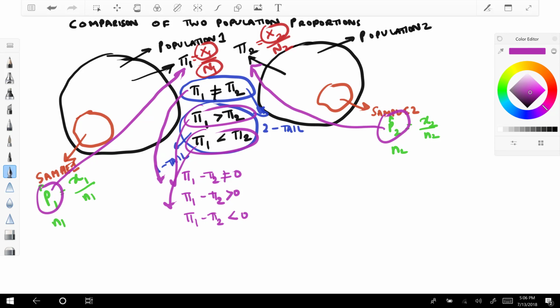So that means I can substitute, instead of pi 1 I can say p1 hat, and instead of pi 2 I can say p2 hat. So this p1 hat minus p2 hat serves as an estimator for pi 1 minus pi 2.